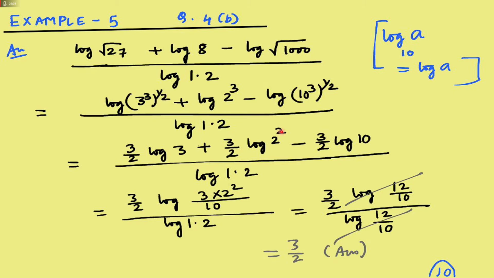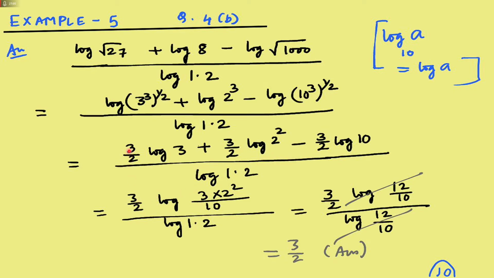Just check it. If 2 is coming forward of this log, then it will be 3 log 2 only. And here log 10 to the power half will give you 3 by 2 log 10. And for this reason, here is a 3 by 2 and here is also another 3 by 2, and for this reason I have adjusted this 3 log 2 as 3 by 2 log 2 square, because after that I can take common 3 by 2.